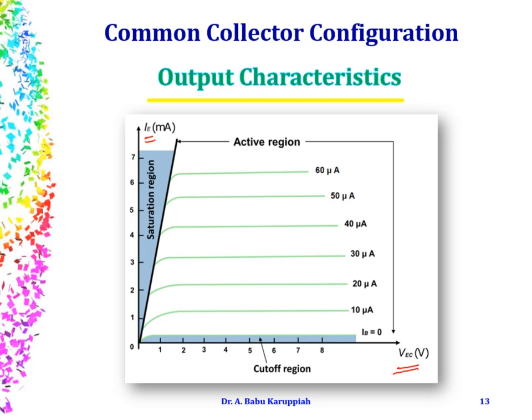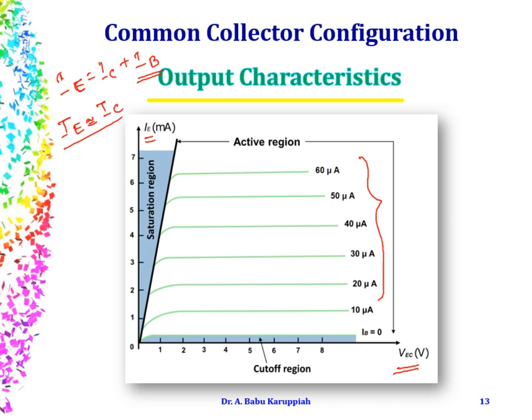And we also know this well-known equation, IE is equal to IC plus IB. As IB is very negligible, or rather as it is in terms of microamperes, we could approximate IE is approximately equal to IC. The input current, which is the base current, is going to be the same for both common emitter and common collector configuration. So the graph would exactly resemble the output characteristics of common emitter configuration.